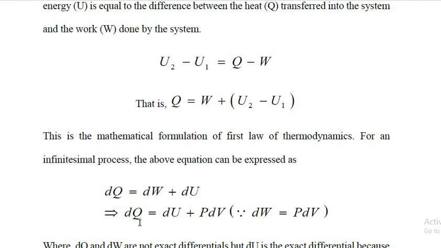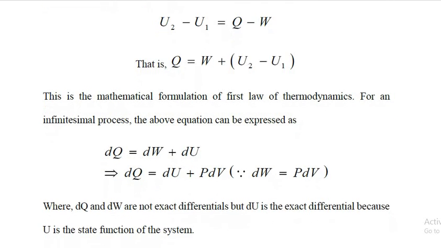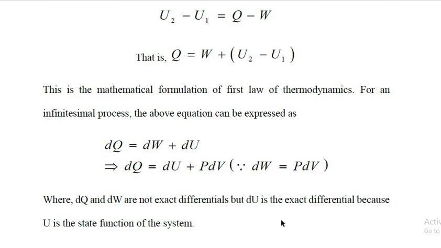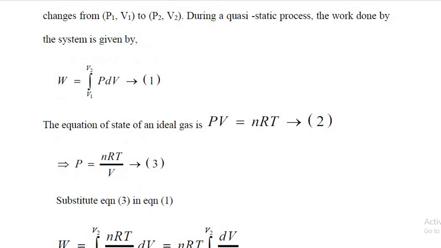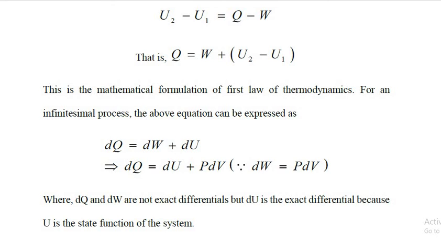So we can write dQ is equal to dU plus P dV, where dQ and dW are not exact differentials, but dU is the exact differential because U is the state function of the system. A state function represents the state of a system.